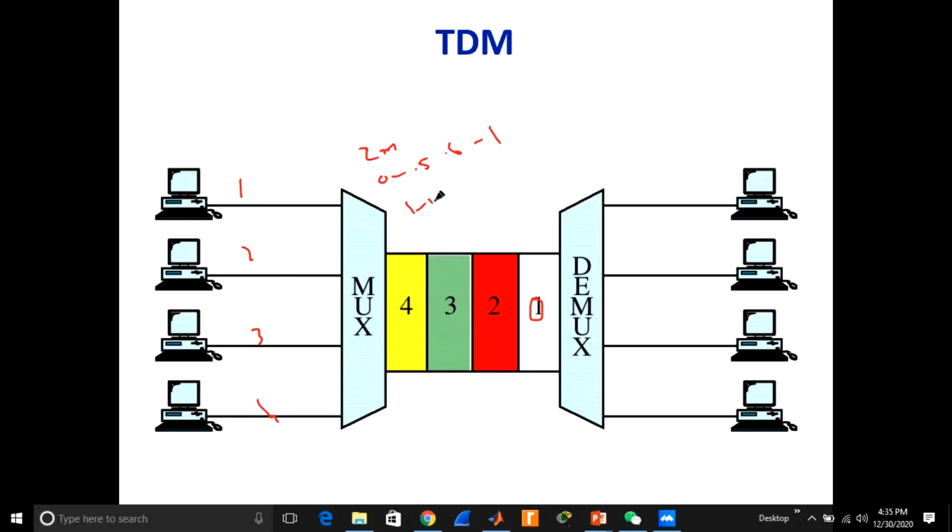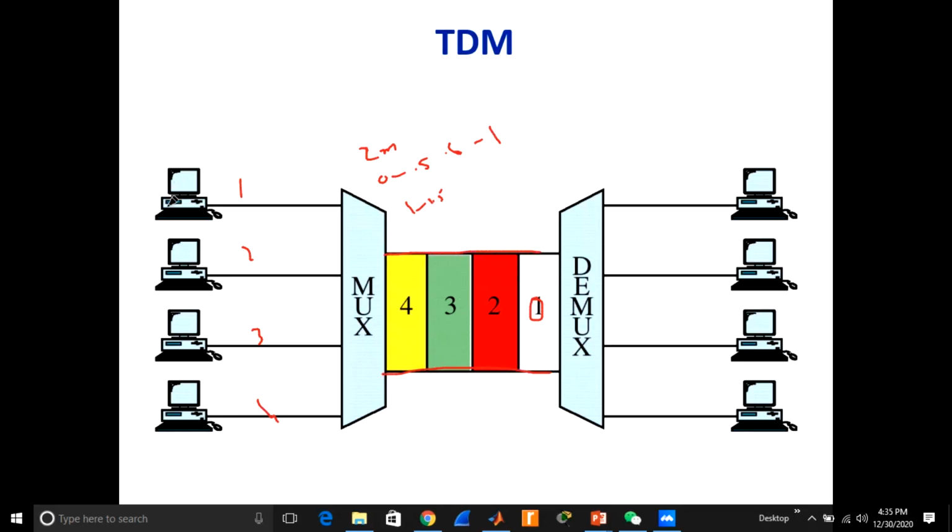From 1 to 1.5, device 3 will send data, and similarly for the rest. So it means that this channel is not used by all 4 devices at the same time. At a specific time, a specific device will send data.